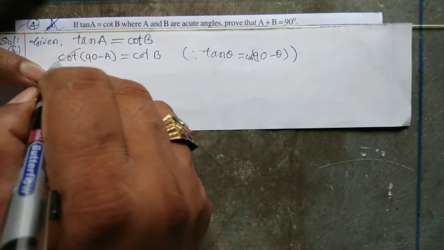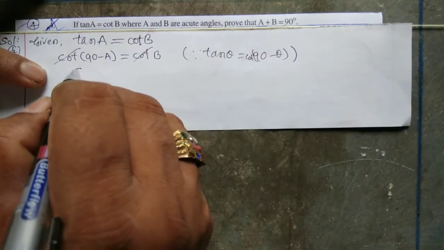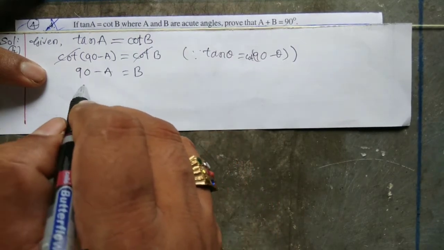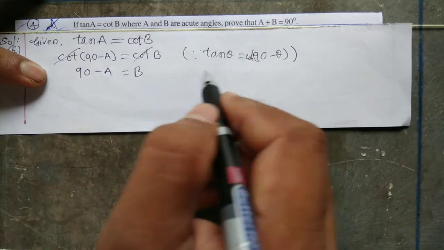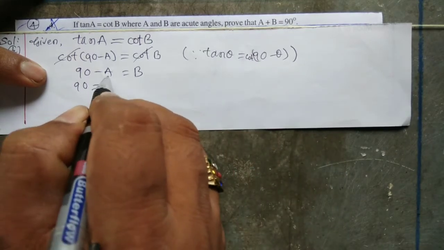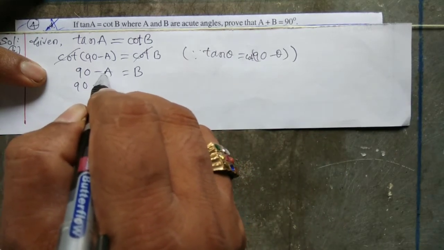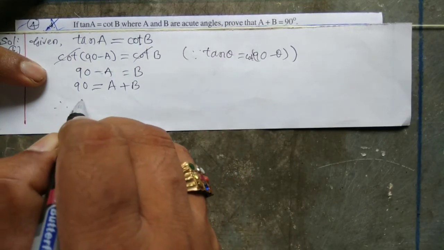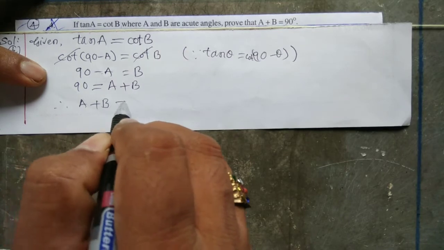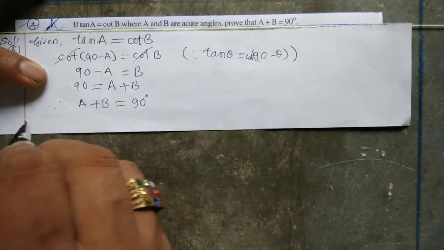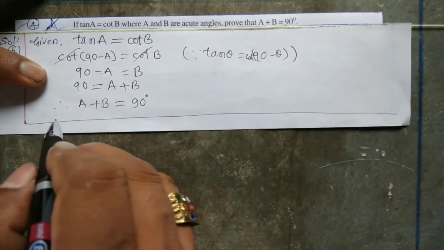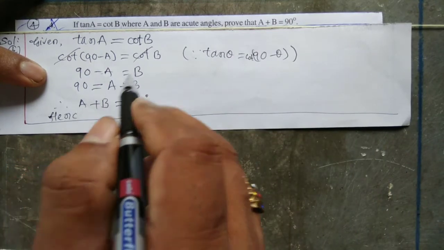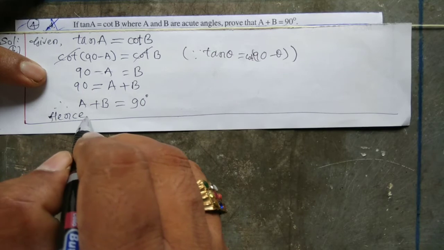Now we can cancel cot on both sides. 90 minus A is equal to B. While shifting this on right side, minus A becomes plus A. Therefore, A plus B is equal to 90 degrees. Hence proved.